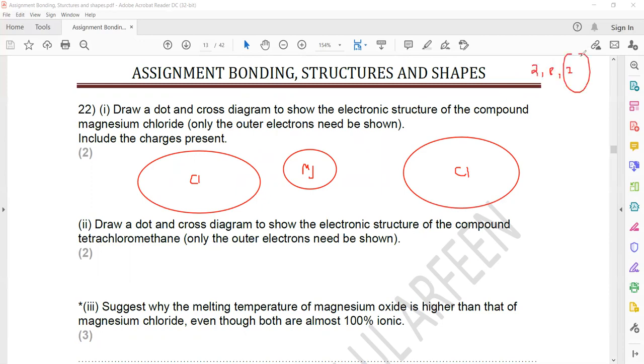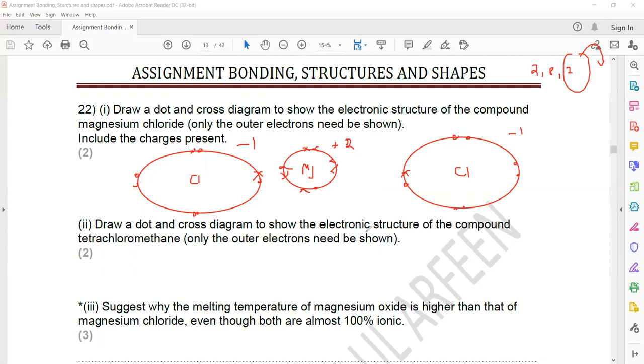Once it loses these 2 electrons, there are no outer shell electrons in the third shell. The second shell will be the outer one now, so it will have 8 electrons, with a charge of plus 2. Chlorine belongs to group 7, so it already has 7 electrons in the outermost shell. One it took from magnesium, so this chloride ion will have a charge of -1. In the same way, another chloride ion also took one more electron, so this will also have a negative charge.